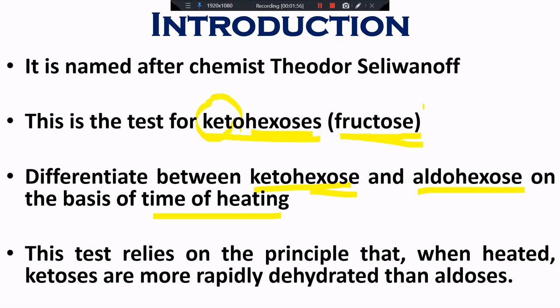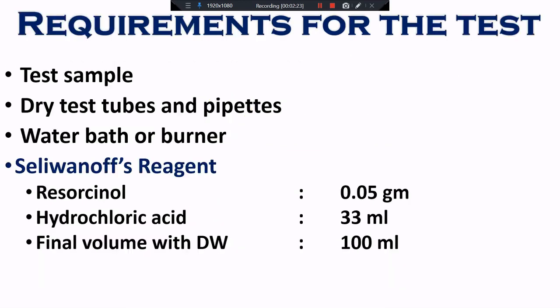Here also both ketohexose and aldohexose are converted into furfural derivatives, but the dehydration is very fast in ketoses and slow in aldoses. This is why ketose gives the reaction early, and aldoses give it if you heat for a longer duration.